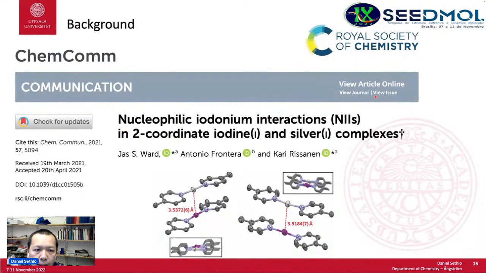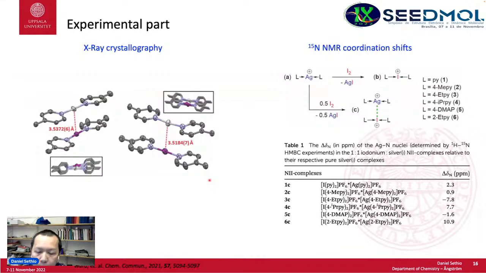So for the second study, we were curious about a previous paper. They claimed that there's an interaction between silver plus and iodine plus, and we wanted to reinvestigate what was happening, whether this interaction is possible or not. In the experimental part, they managed to crystallize these complexes.